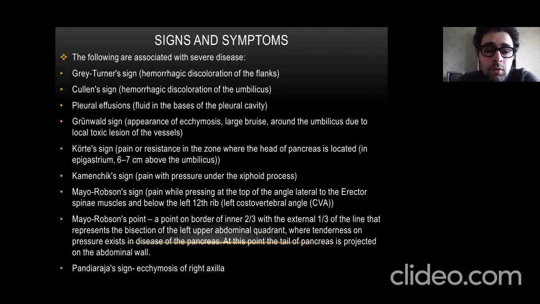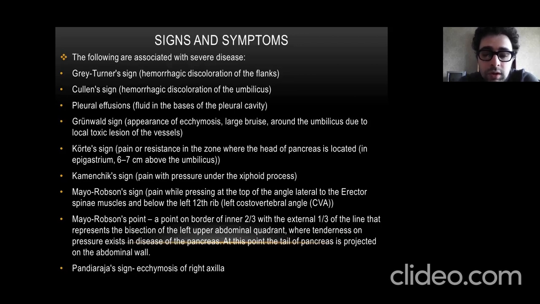Specific symptoms. There are also many specific symptoms. You should remember the symptoms that are associated with severe disease, like Grey Turner's sign, hemorrhagic discoloration of the flanks. You should remember the Mayo-Robson sign. Mayo-Robson has two variants, the Mayo-Robson point and the Mayo-Robson sign. The Mayo-Robson point is the point at the border of the inner two-thirds of the left abdominal quadrant.